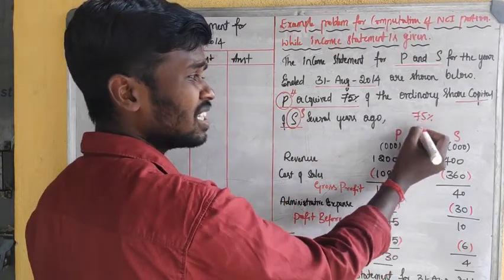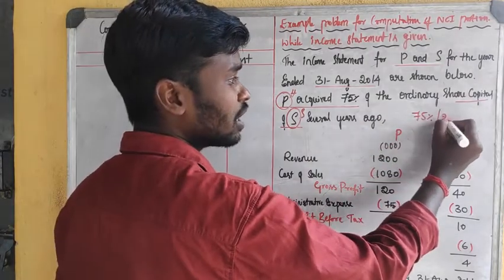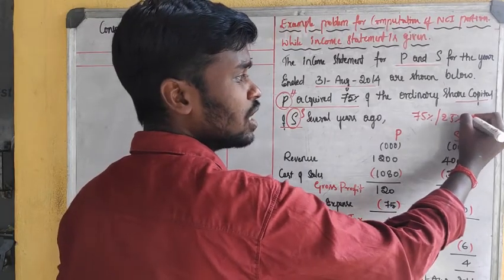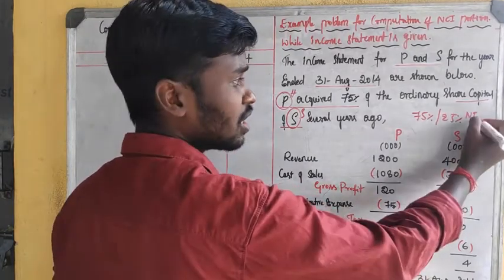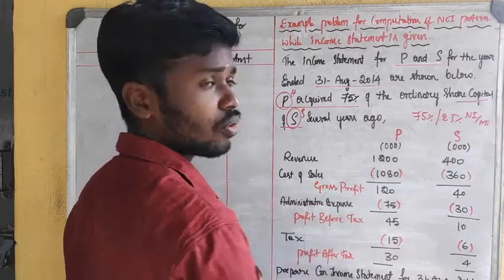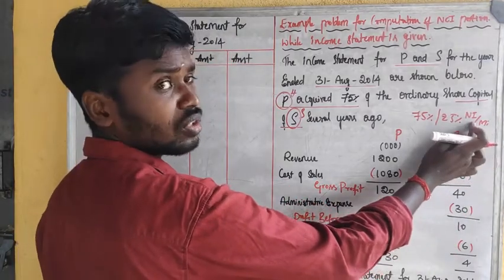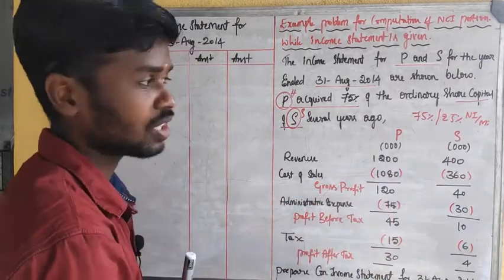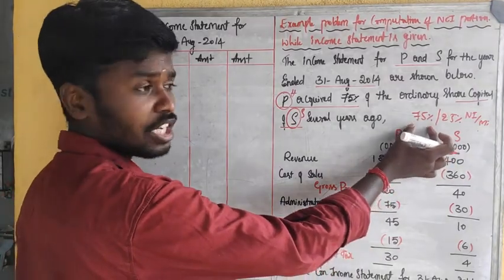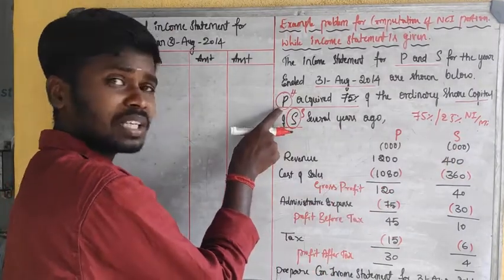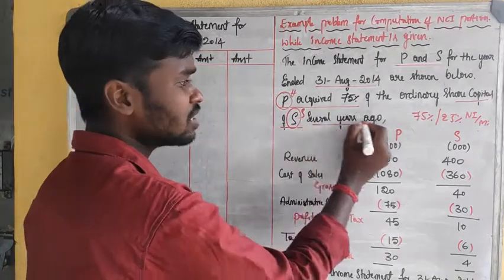The remaining 25% will be related to non-controlling interest, that is minority shareholders. This 75% is the majority portion which was invested by P Limited in S Limited several years ago.